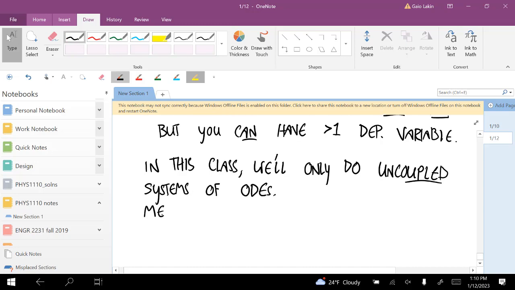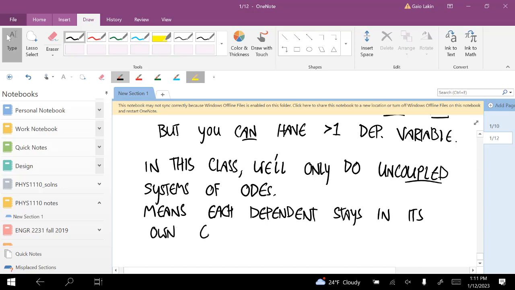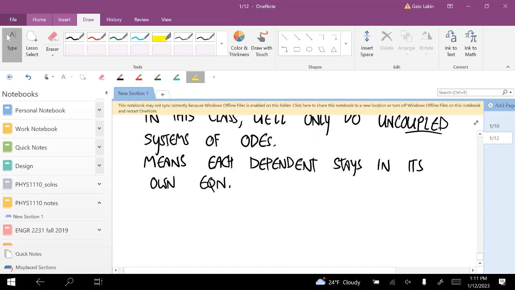What that means is that each dependent variable stays in its own equation.